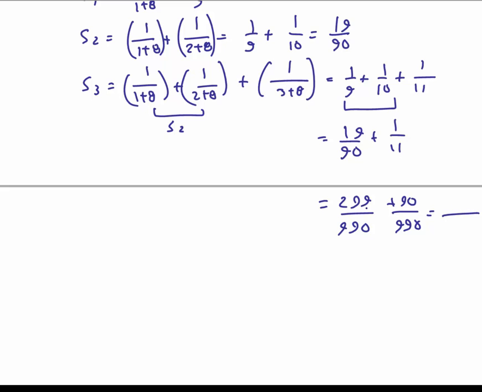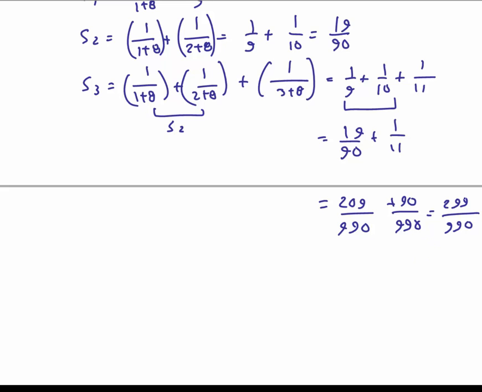Actually, I wrote the answer here. I've got to be careful. So top and bottom, 19 over 90, multiply top and bottom by 11. I'd have 209 over 990, multiply top and bottom by 90 here, and I'd have 299 over 990. And if you can reduce it, you should. 299 over 990 does not reduce, and so that would be S sub 3.